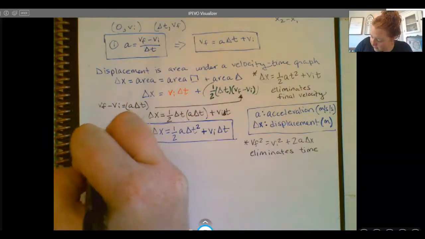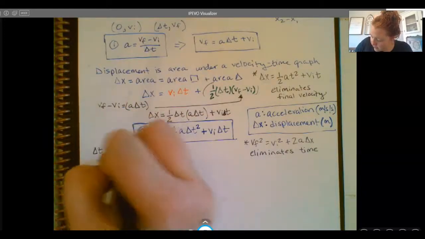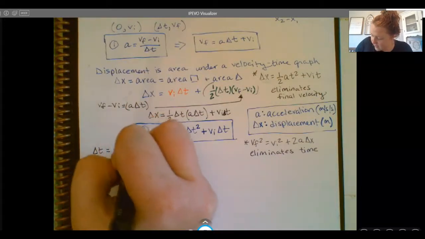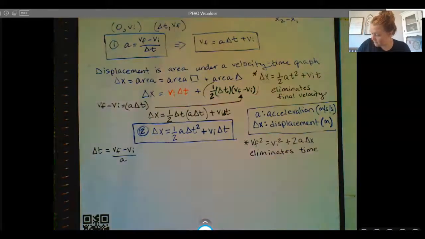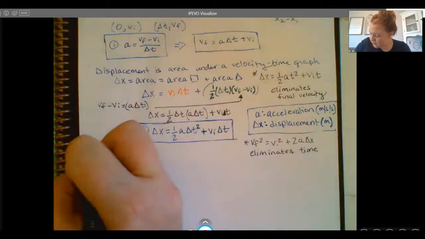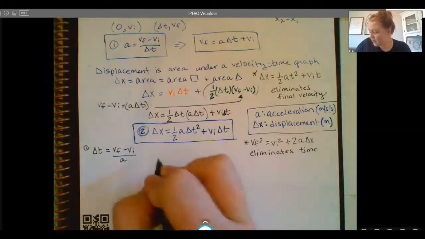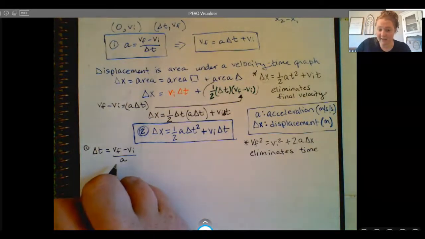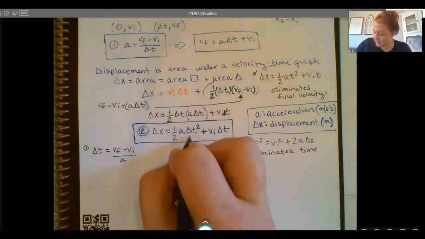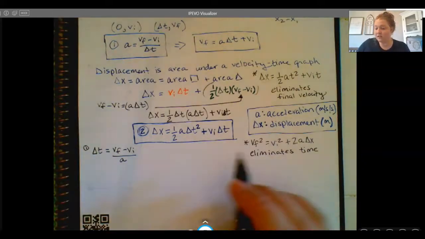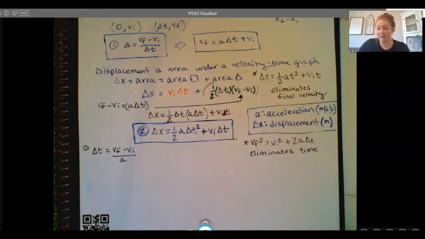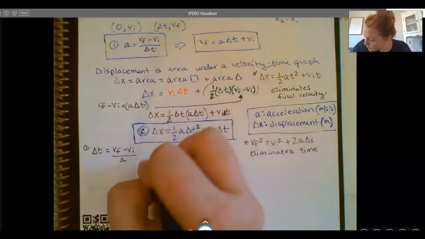So delta t equals VF minus VI over acceleration. So now this is from my first equation. Now I'm going to substitute that everywhere I see a delta t in my second equation, and then we're just going to simplify until we get our third and final equation.